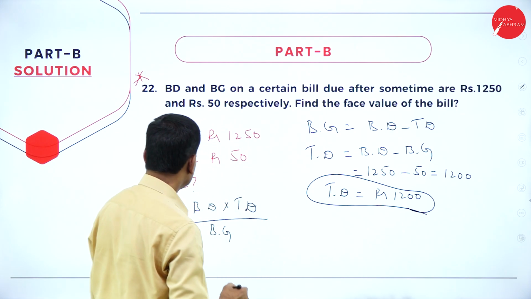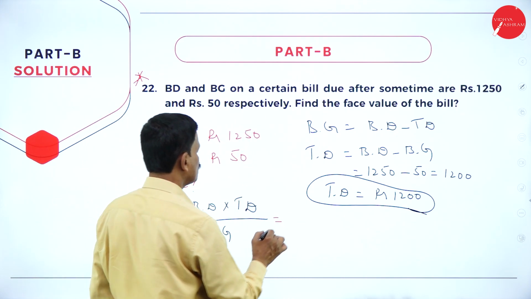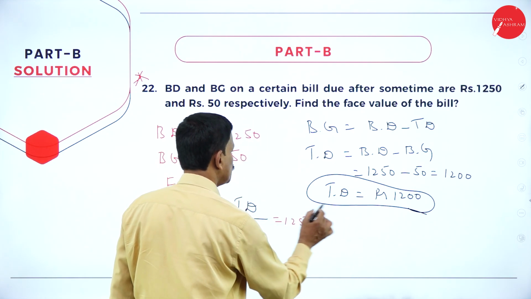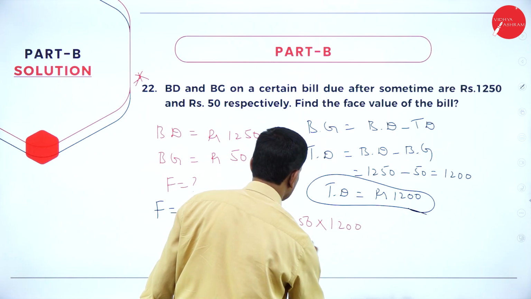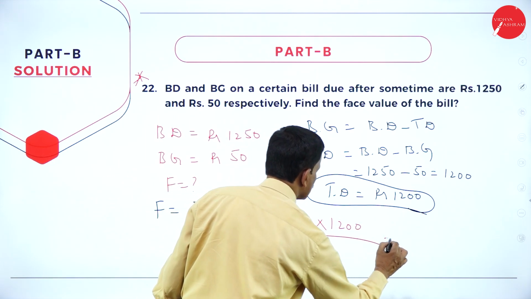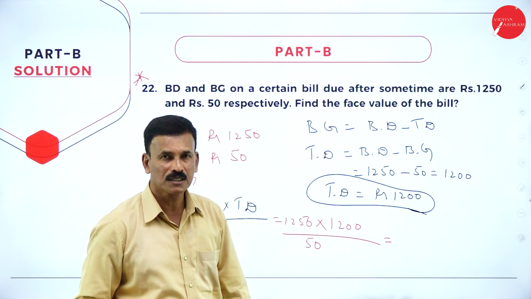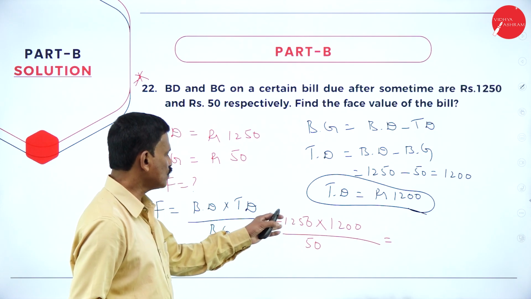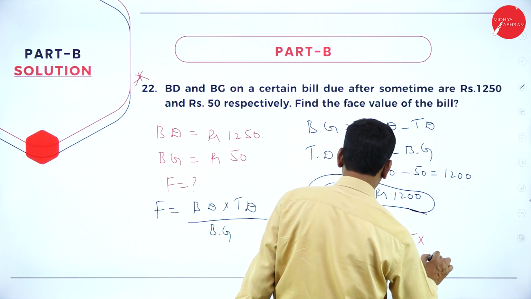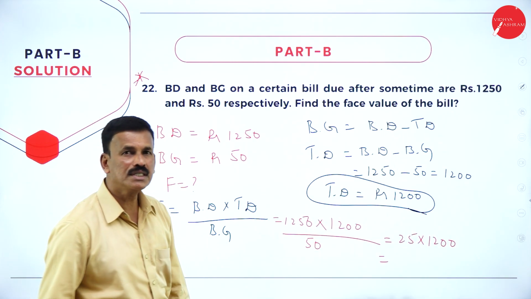Now substitute in the face value. The face value is banker's discount 1250 into true discount 1200 divided by banker's gain 50. Simplify this: 1250 into 1200 divided by 50. The zeros get cancelled. 125 divided by 5 is 25. 25 into 1200 is 30,000.